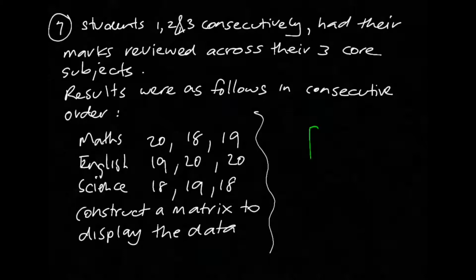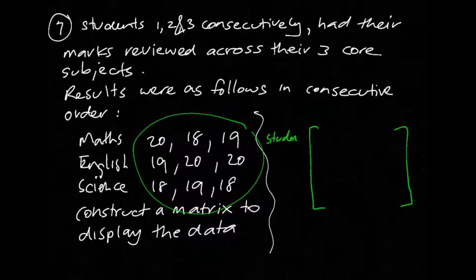Let's set up a 3 by 3 matrix because we've got 9 data sets, and let's say students, student 1, student 2, student 3, and this will be maths, English and science.